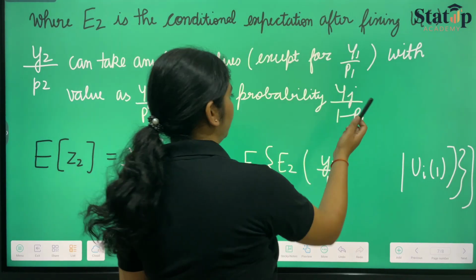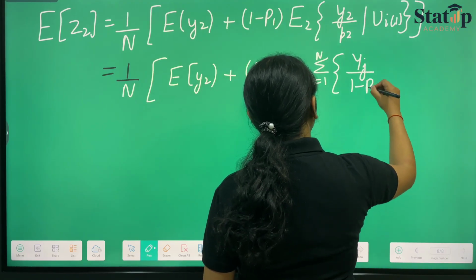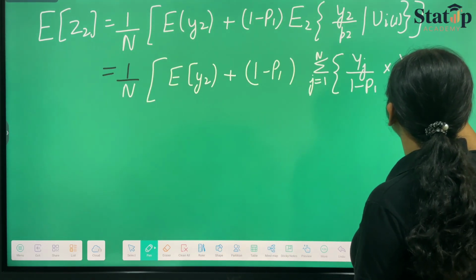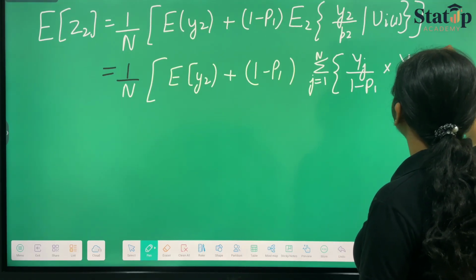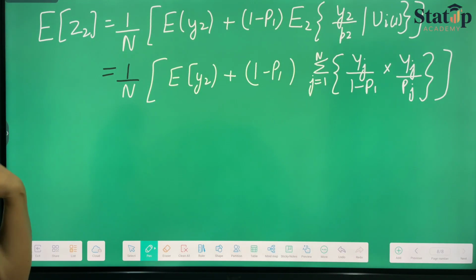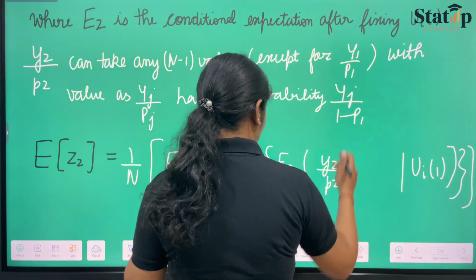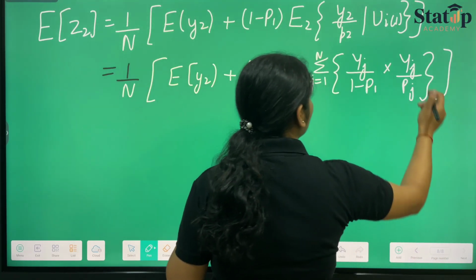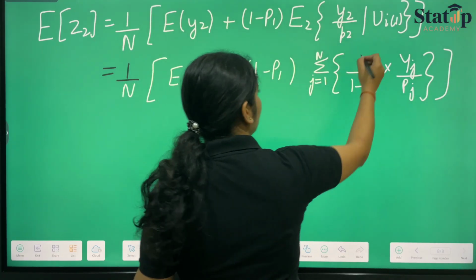The probability was pj upon 1 minus p1, into the value yj upon pj. This probability was not yj, it is pj.